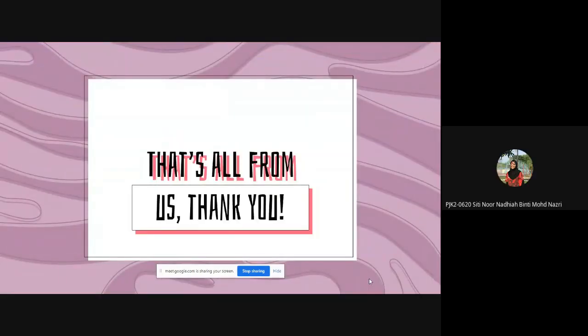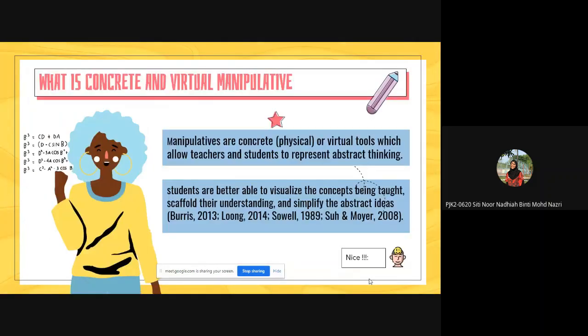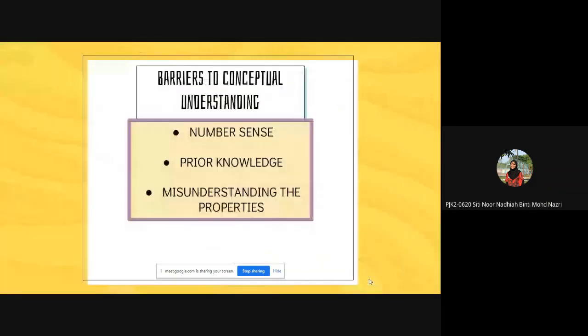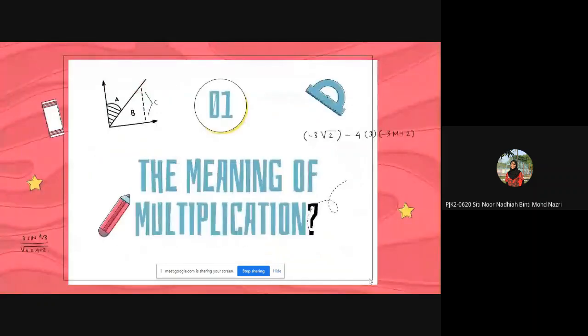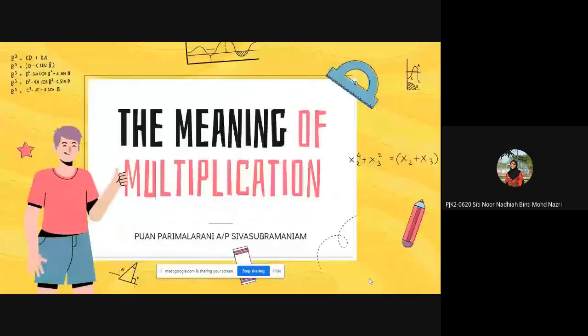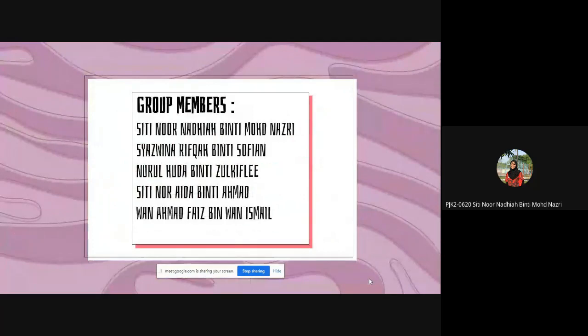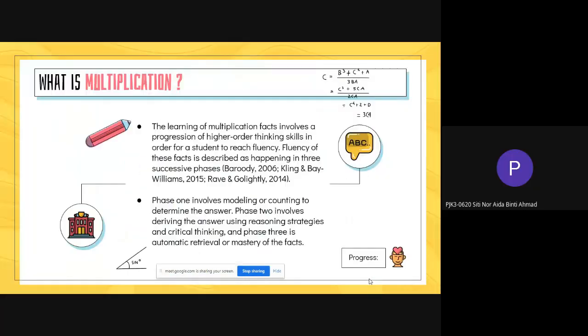Can you run through all the slides from the beginning, please? I couldn't see the first few slides. Start from the first slide.